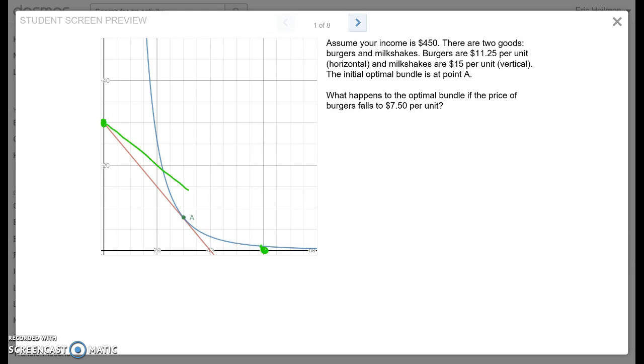So our new budget constraint would be right here, which means that we would be able to get to a higher indifference curve right around here. So we would end up on a higher indifference curve, so we're better off, and we are consuming more burgers. We've moved to the right, and it looks like we've moved up a little bit, so we're also consuming more milkshakes. All right. Next example.